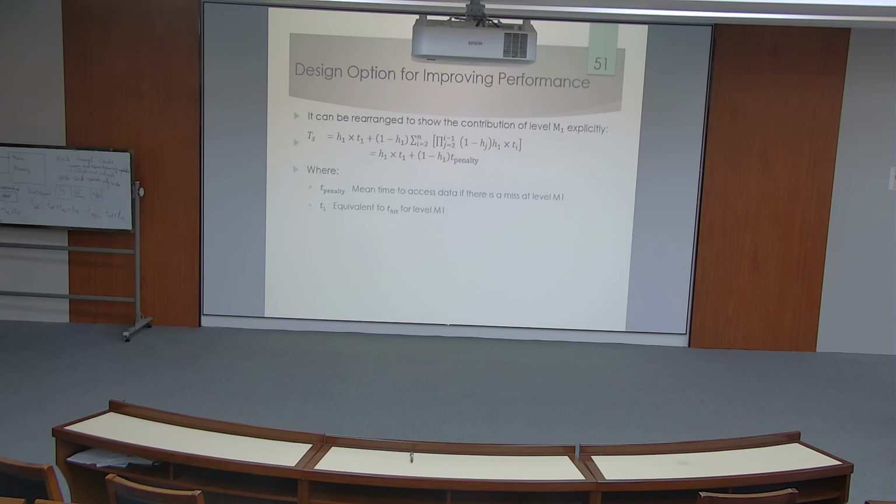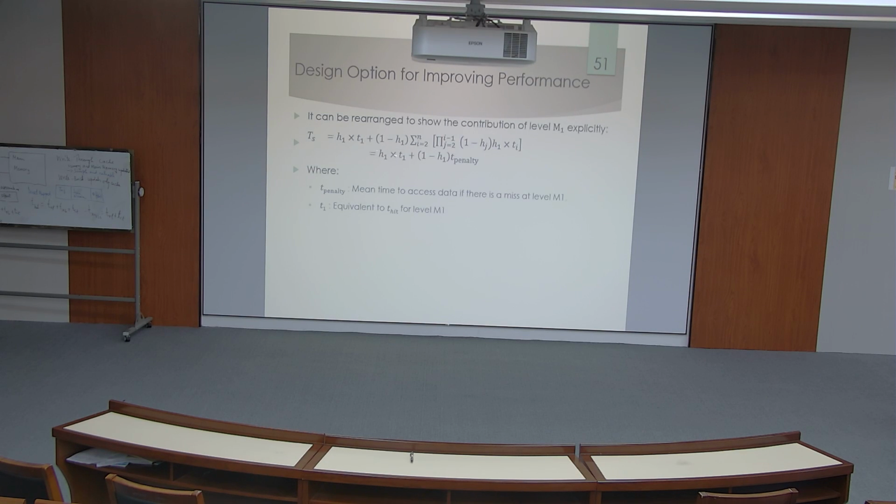We have learned about this expression for a two-level memory system, and we went through a general form of this for a multi-level memory system. We have the TS, the minimum time, which is equal to the hit time times the T1, that is the time the system spends to return the data when it is available in the cache memory.